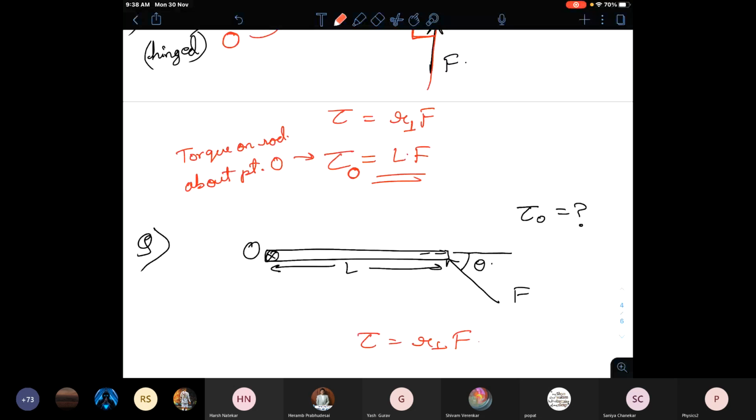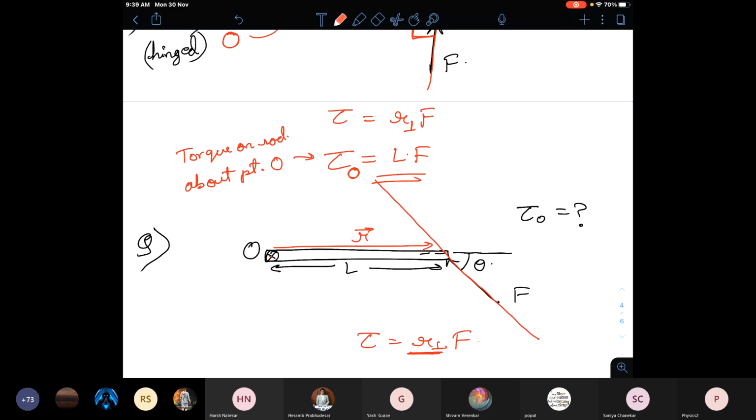What is R perpendicular? R perpendicular is the component of R perpendicular to the force. So first of all, just draw the direction of force. Force is in this direction. The R vector is this. Now the R vector is not perpendicular in this case.